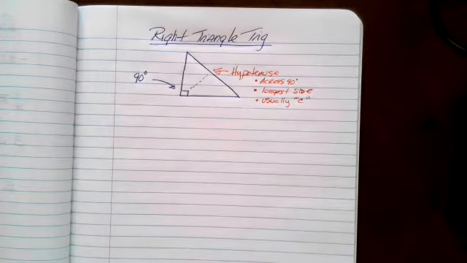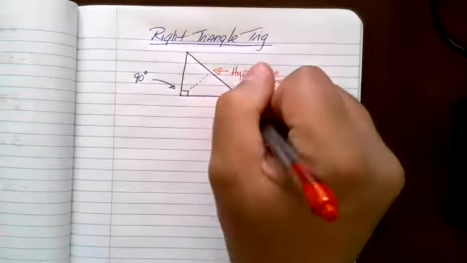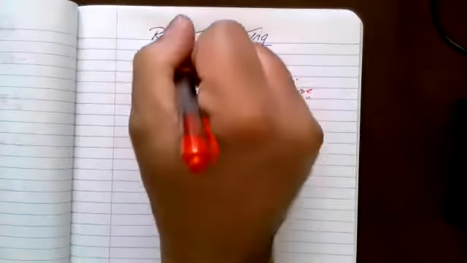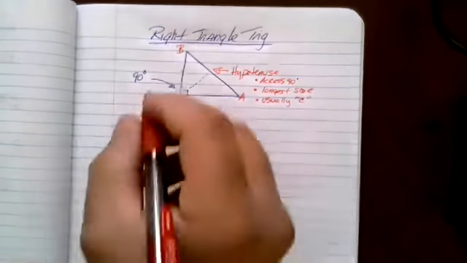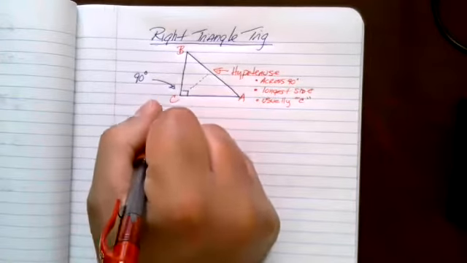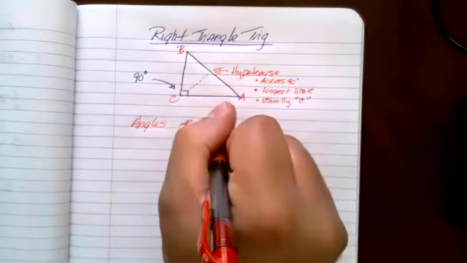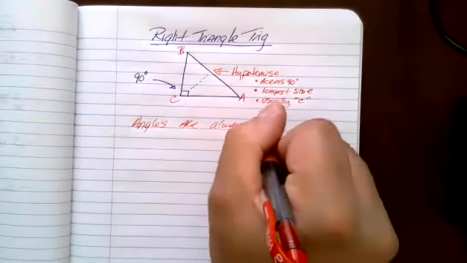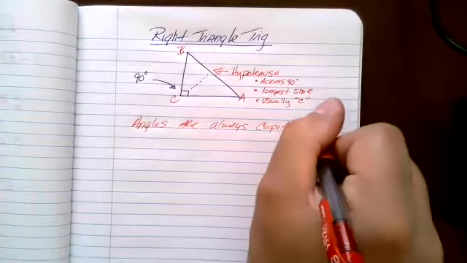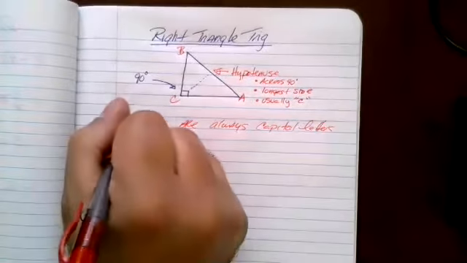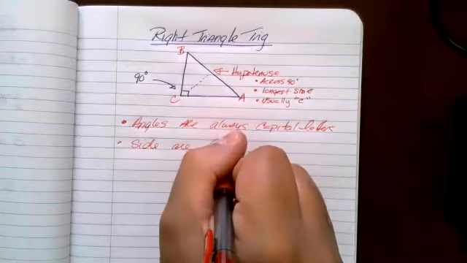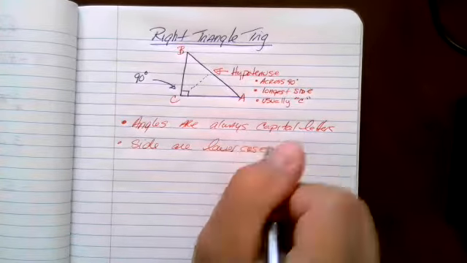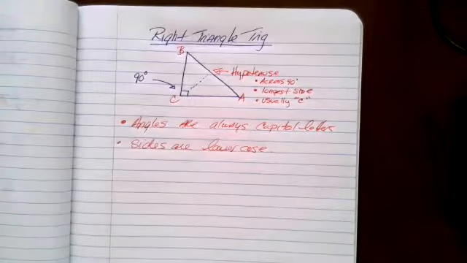In a triangle, your angles are always capitals. So you put like a capital A, capital B, capital C. And your sides are always lowercase. Sides are always lowercase.